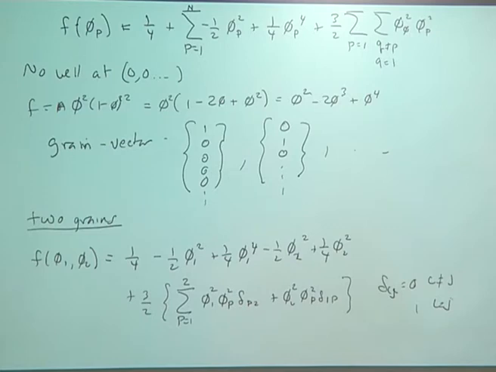If you work that through, you get f of phi 1. You do the summation, and it really simplifies down to something very simple. And that's really the idea. It's just a quadratic term that's the product of the two, phi 1 squared times phi 2 squared. So there are no cubic terms.